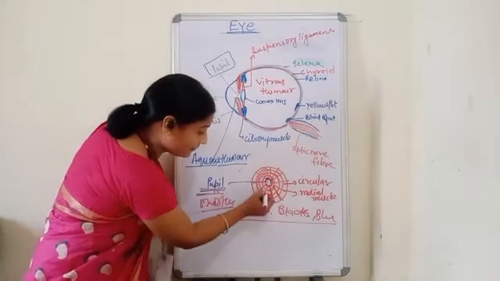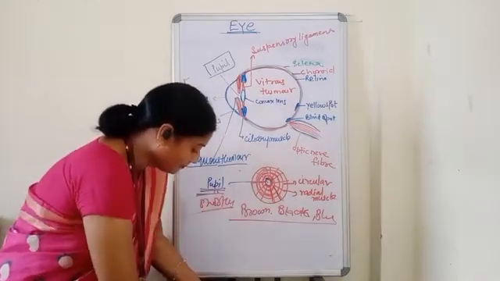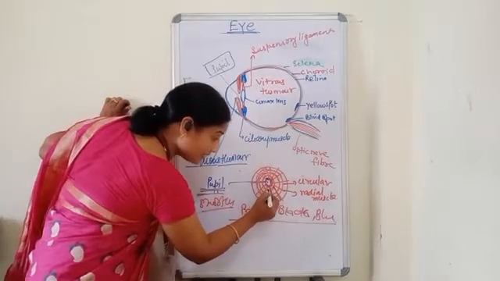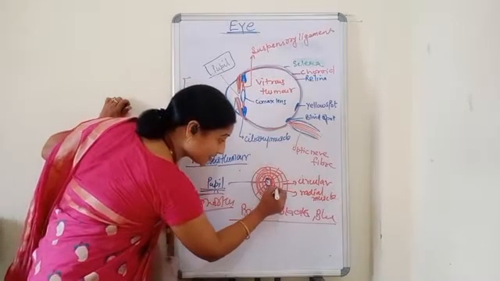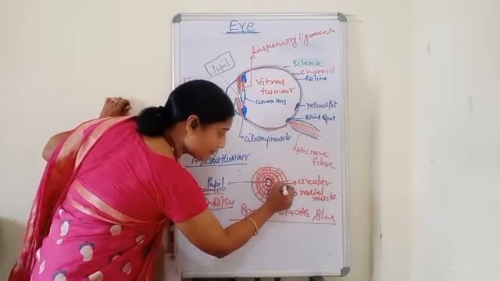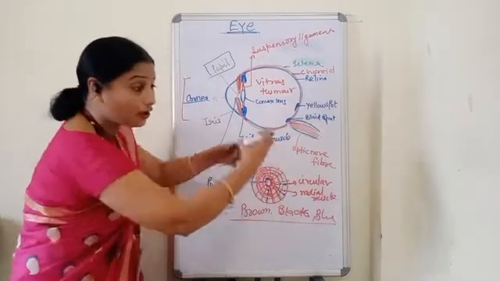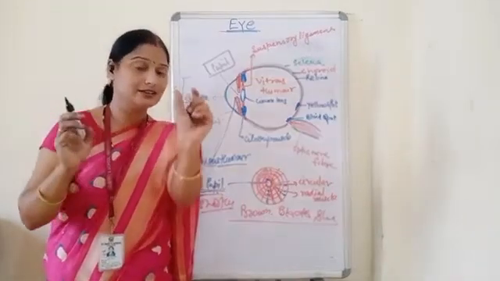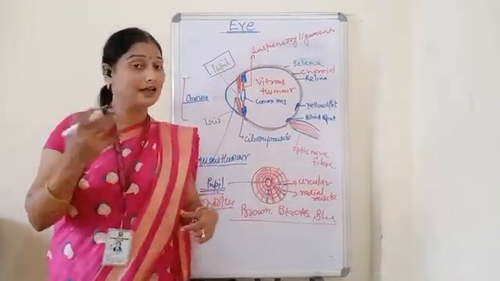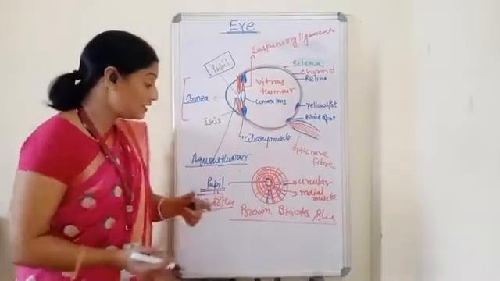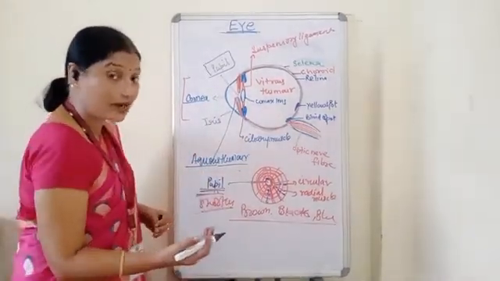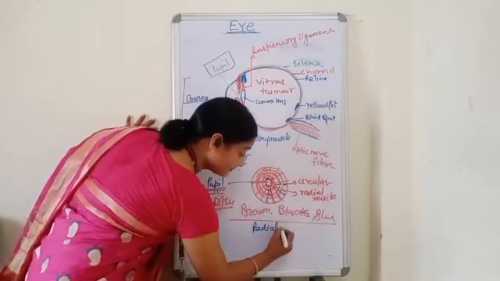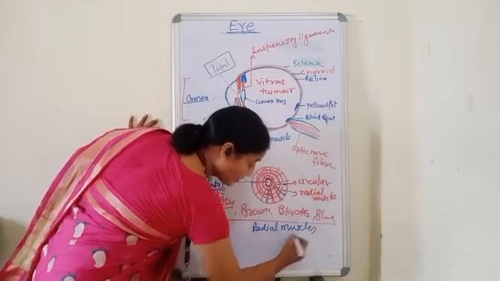Contract means they will shift towards this side. Okay, I am talking about this radial muscle. If they shift towards this side, getting my point? So that they can hold your pupil and then pull back from all the sides, and the size of the pupil increases and we will be able to see things clearly. So what happens when we enter into the dark room? What happens? These radial muscles contract.